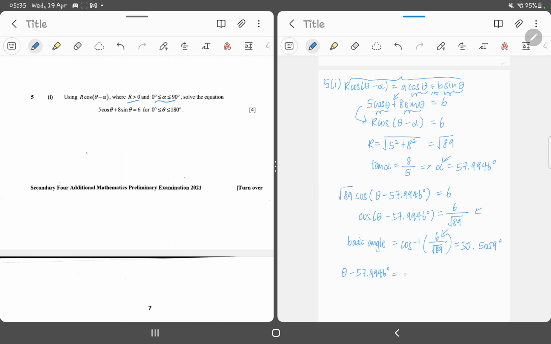And then we have 50.5059 degrees, which is in the first quadrant.